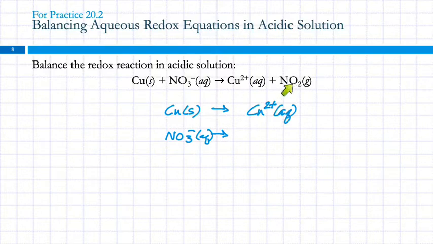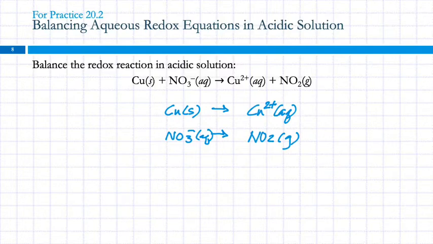And then this NO2 is most like the NO3. Details are important here. This has a -1 charge. This one does not have a -1 charge. It kind of looks like nitrite ion, but it's not nitrite ion, it's nitrogen dioxide. Very different.